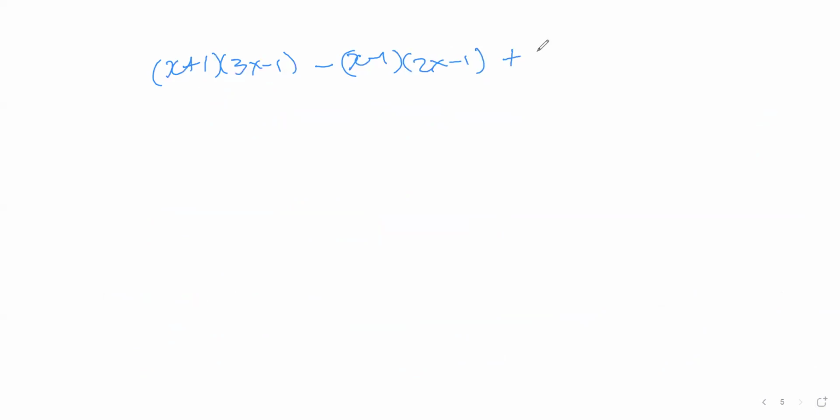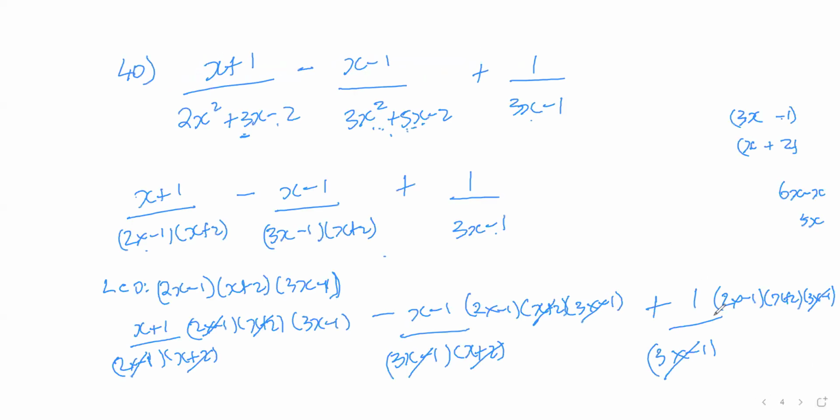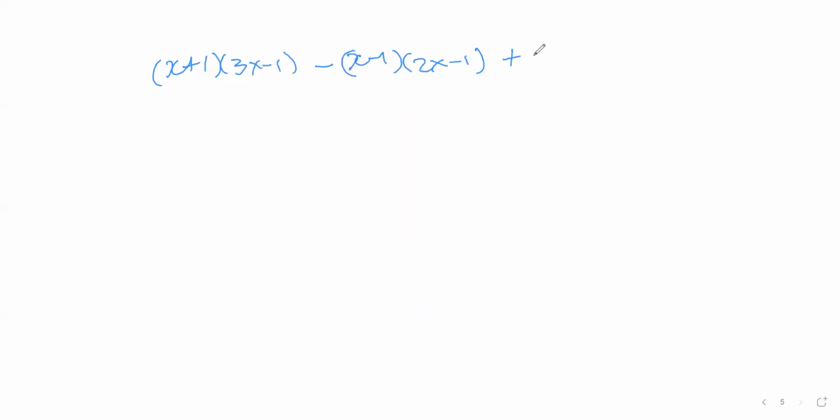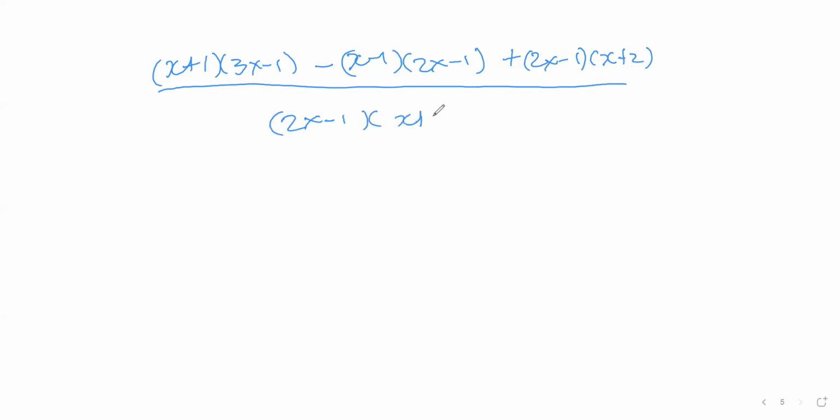From the third term, I'm left with (2x − 1)(x + 2). All divided by my common denominator. Then you can open up these brackets, add and subtract like terms, and simplify.